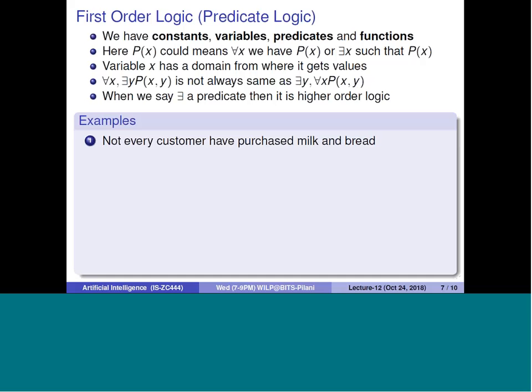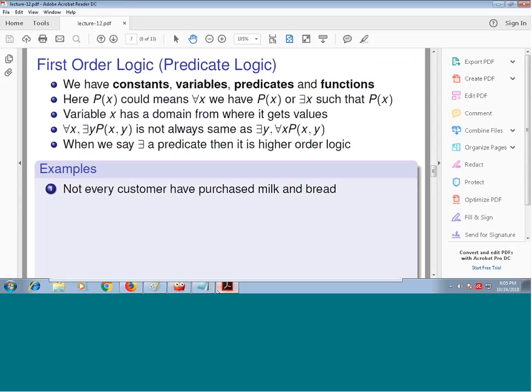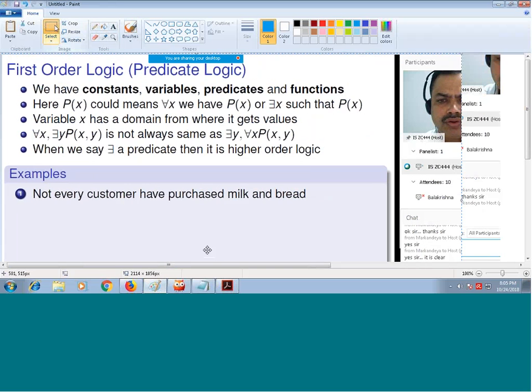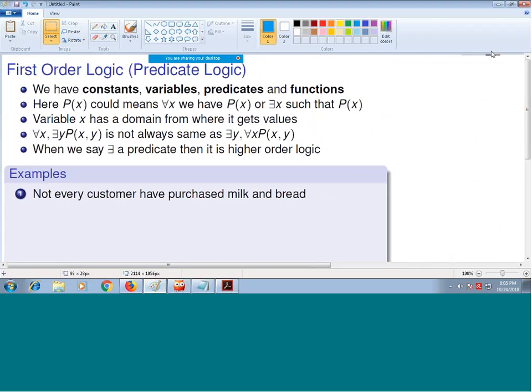In first order logic, we have four things: constants, variables, predicates, and functions. So what are these things? Let me put it here and discuss one by one. Constants are fixed things, for example, a name such as Raju is a constant.